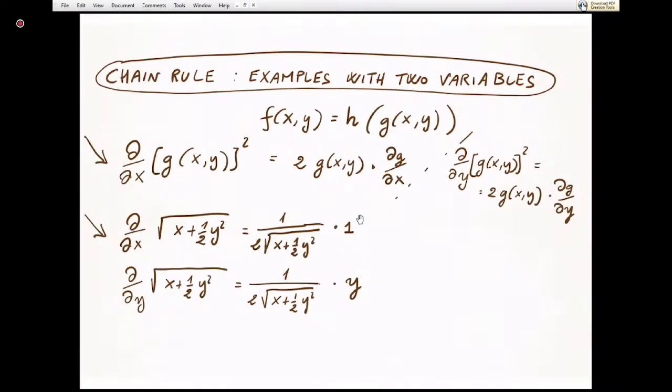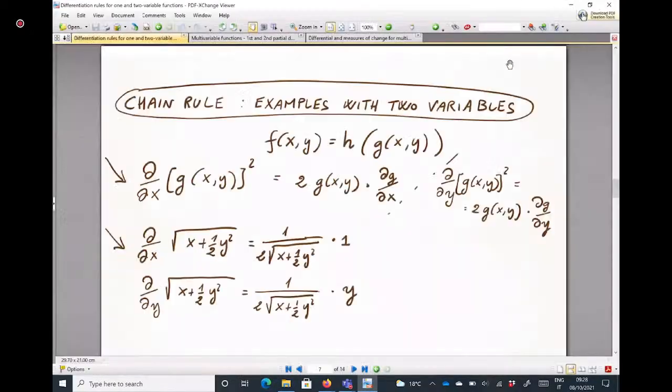So, for instance, if my function is f of xy is some function h, not of g of x, but of g of xy. Now look at the structure here. In the one variable case, this may not be obvious in general, but I'm going to show you something really important here.